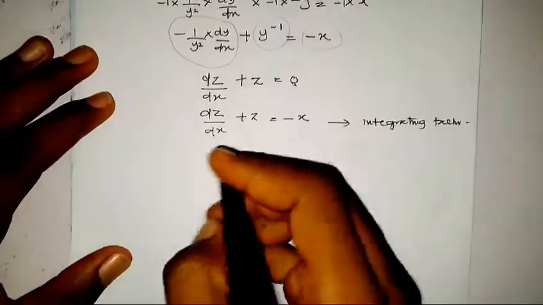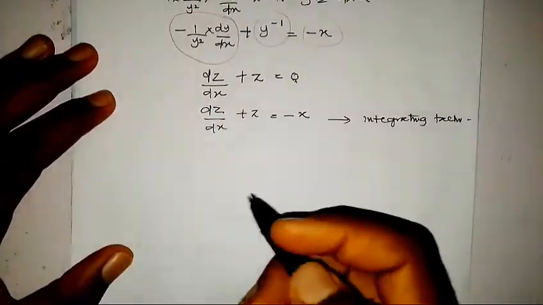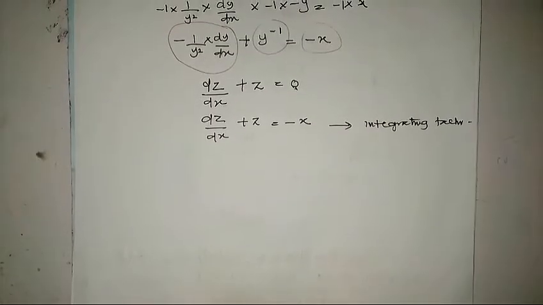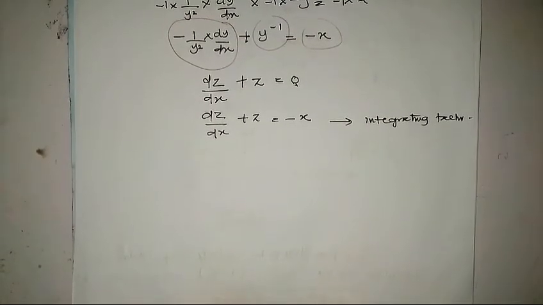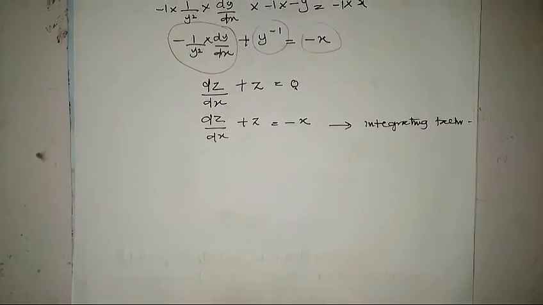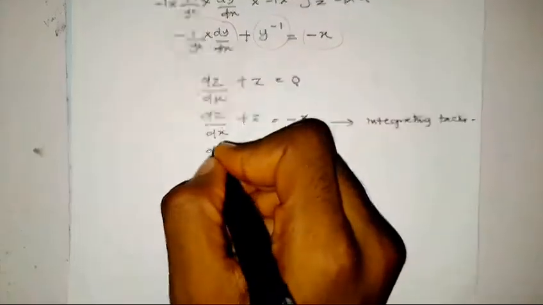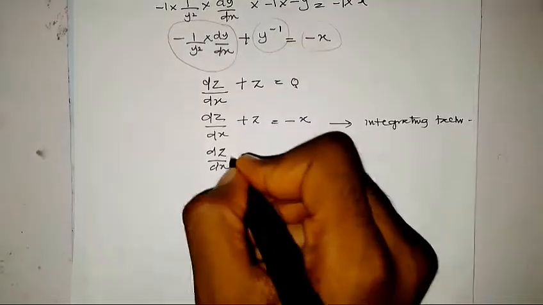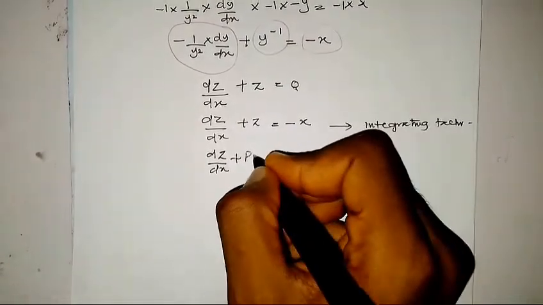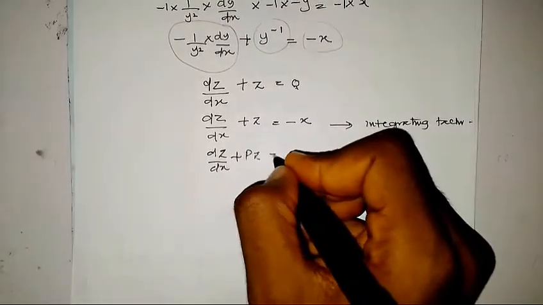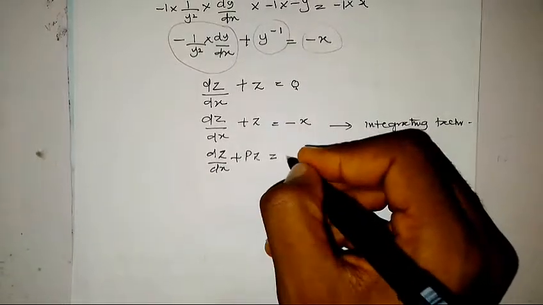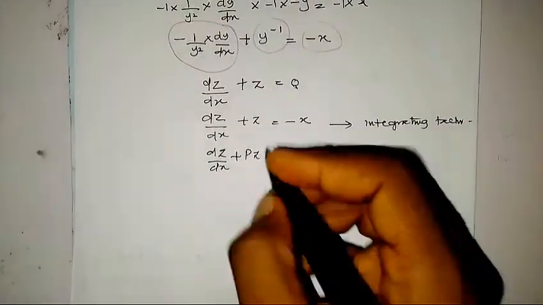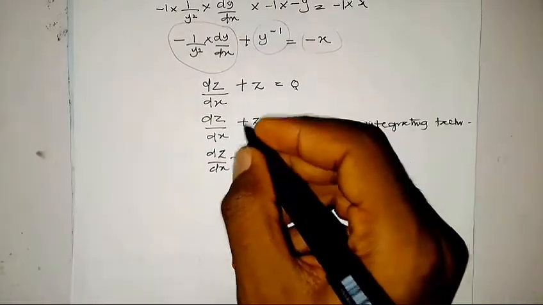So solving using the integrating factor method, first we need to identify my integrating factor. Since the general form says dz/dx plus pz is equal to q, my q is minus x and my p is 1, right?